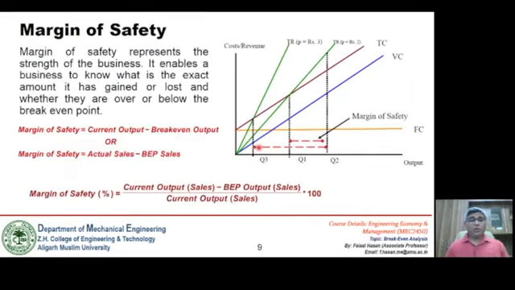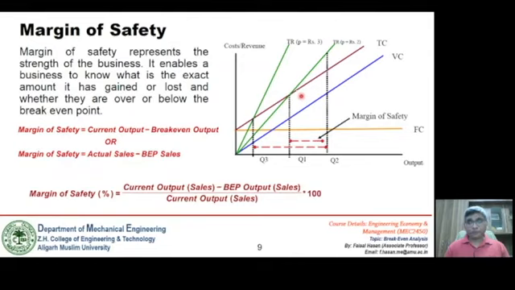Now there is one more term used in the context of break-even analysis, what we call the margin of safety. Margin of safety represents the strength of a business. It enables a business to know what is the exact amount it has gained or lost, and whether it is over or below the break-even point.